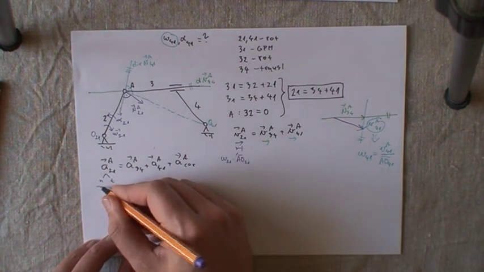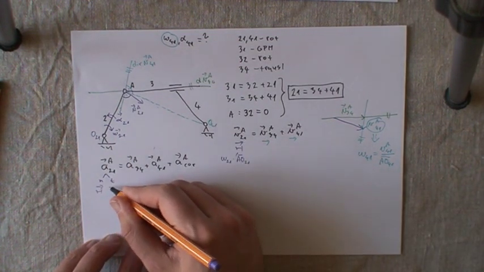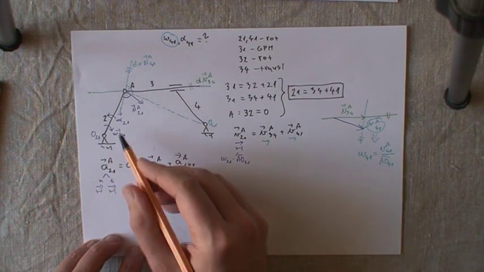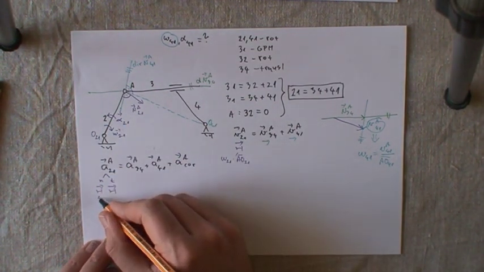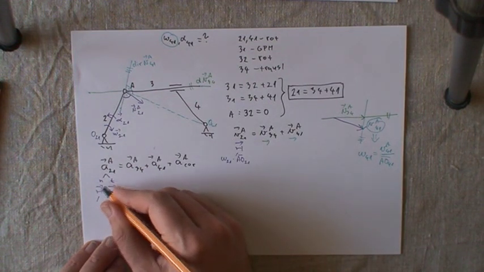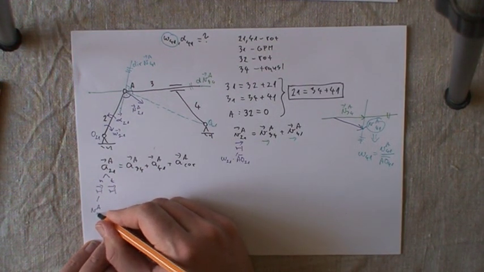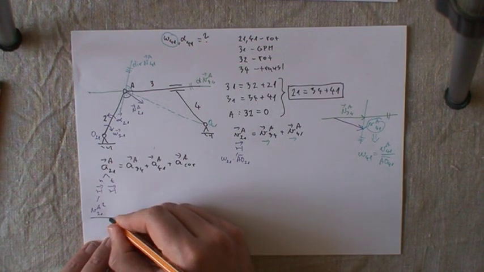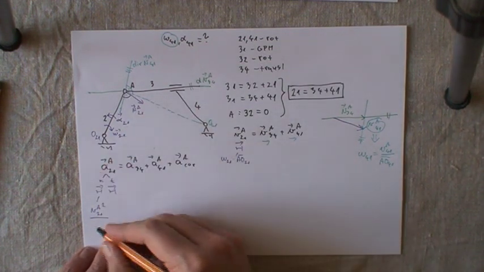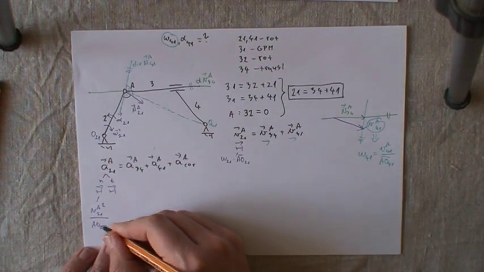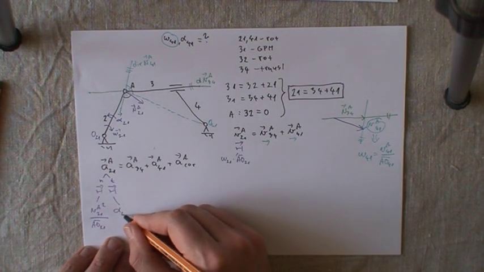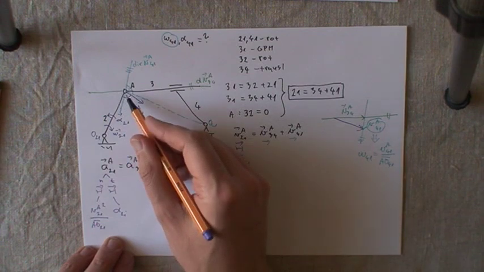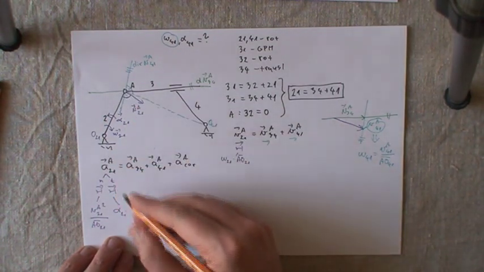This will give us the normal component, and we also know tangent component because we know alpha 2,1. So in here the normal component is VA21 squared divided by the distance, so that's A021. And for tangent component it's alpha 2,1 times the distance A021.